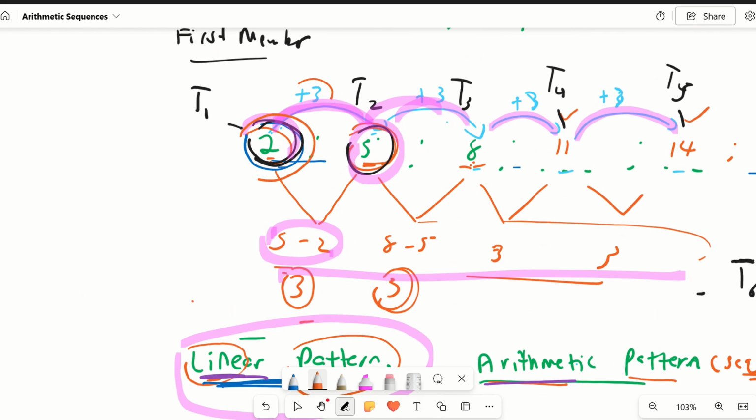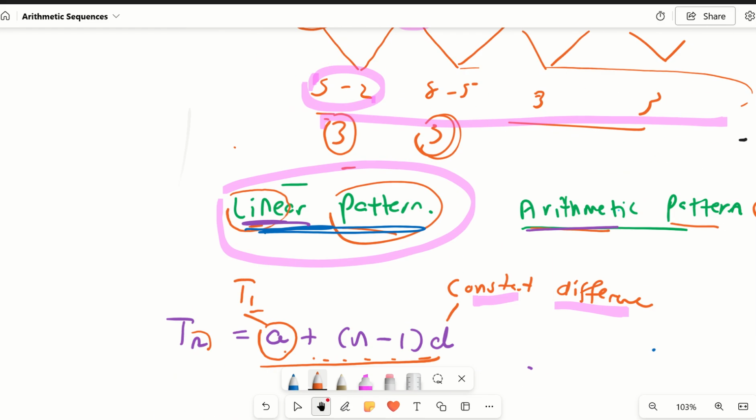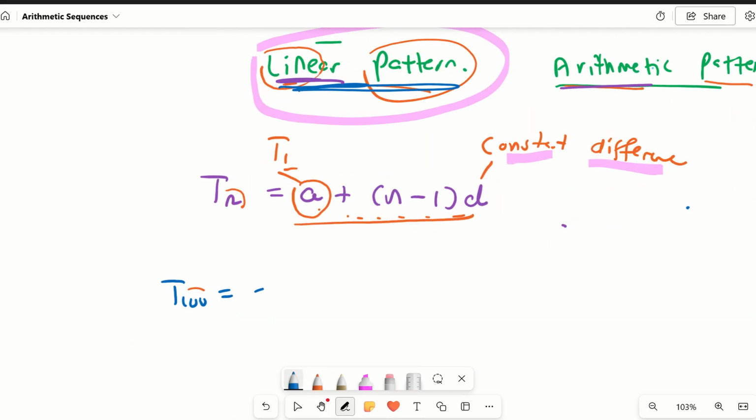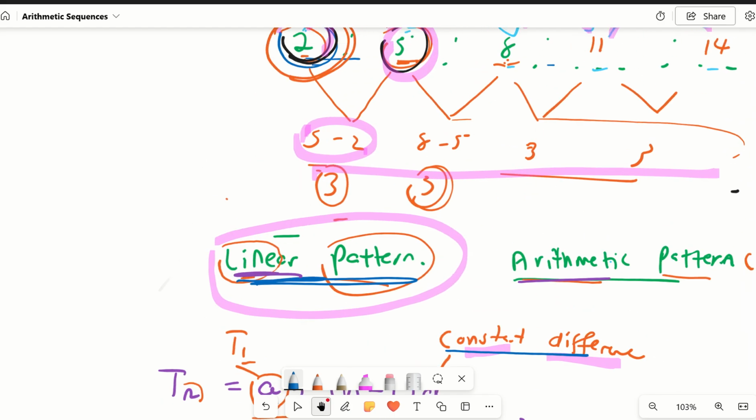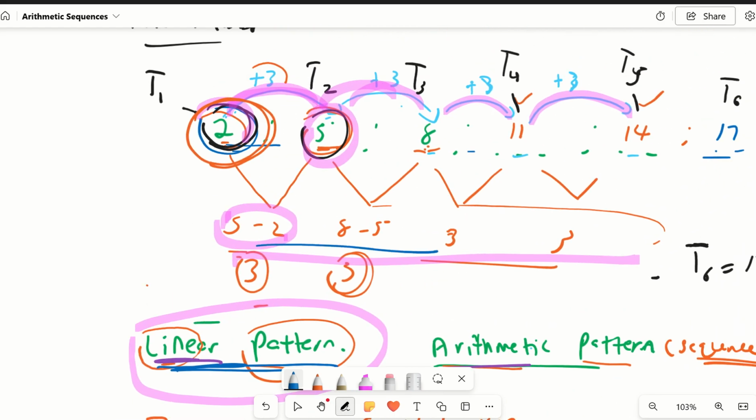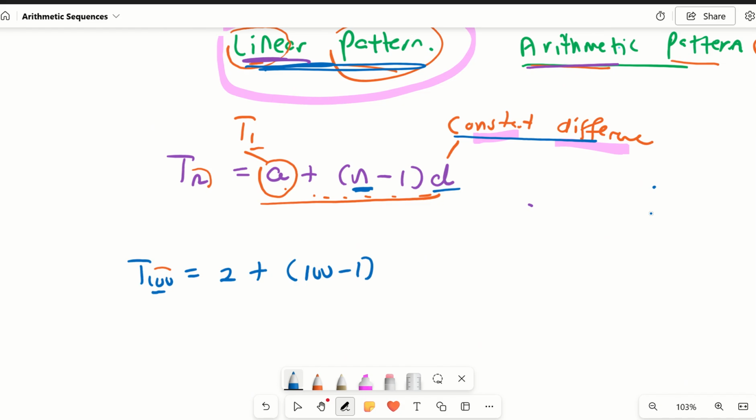In this context, our first member is 2. Plus, wherever there's an n you put 100, minus 1. And then d, the constant difference, the number you add between successive terms, happens to be 3 for this pattern. Can you guys punch this into your calculators and tell me what the answer is?